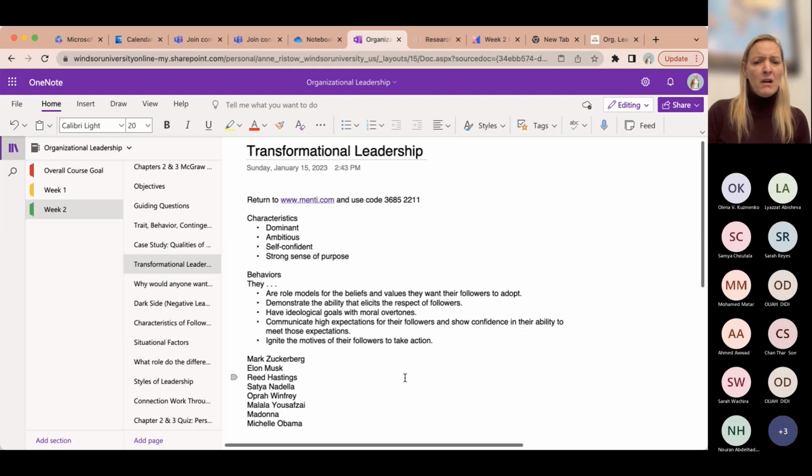So they tend to really allow their beliefs and values to model what they want their followers to adopt. They also have an ability to elicit respect from people, and there's moral overtones within all of their ideological goals.